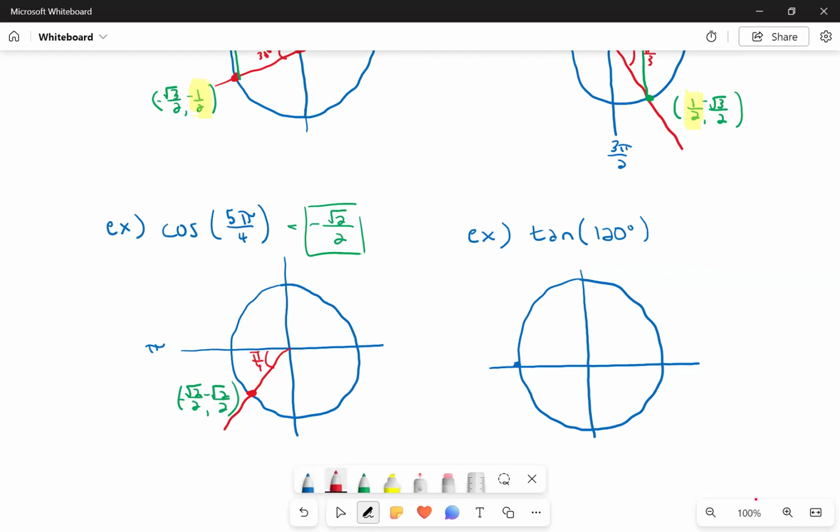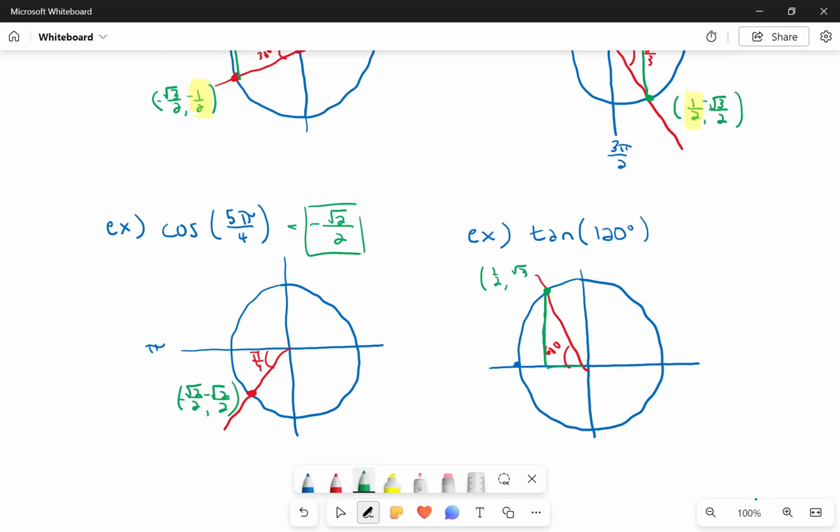So I want to make a big angle with the x-axis. And I'm going to draw my triangle. Okay, the small side is on the x-axis. The large side is going in the y direction, right? It's the vertical line. So therefore, the x value is 1/2.